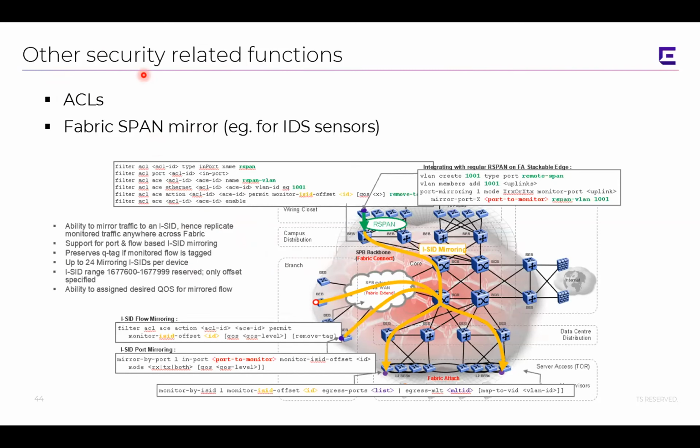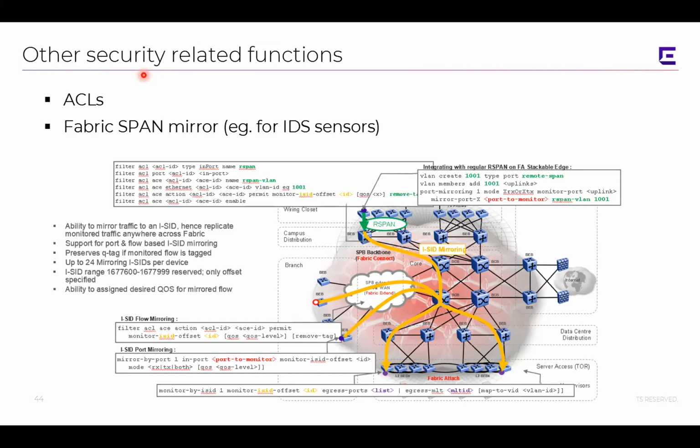creation of the ERSPAN mirrors. For example, if you have to put some traffic to your IDS monitoring, or whatever reason it might be, you can use mirroring through the fabric.